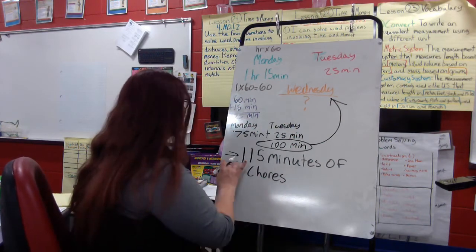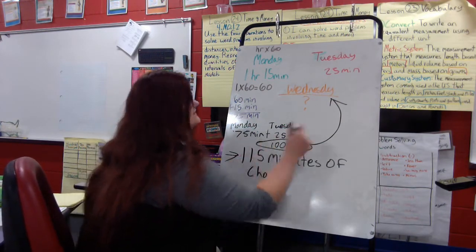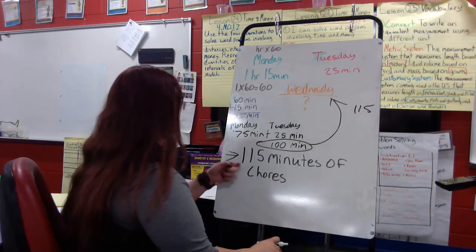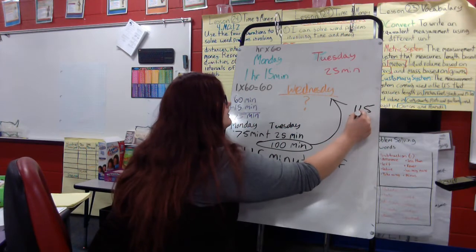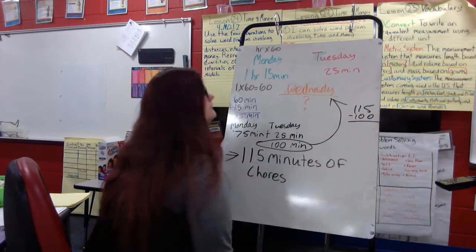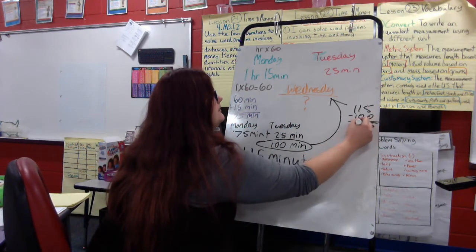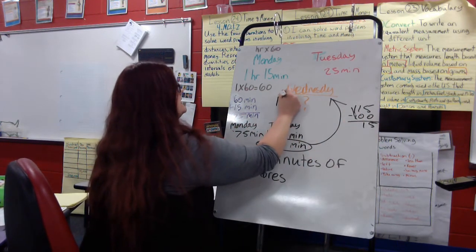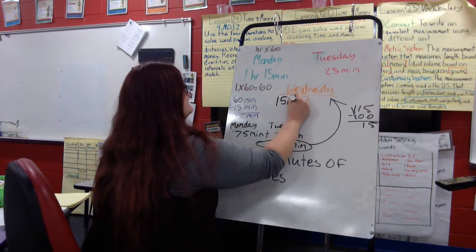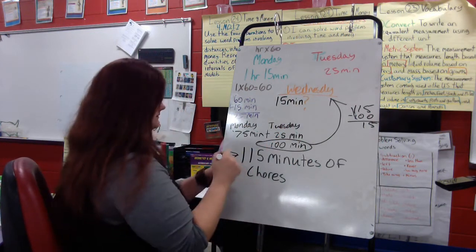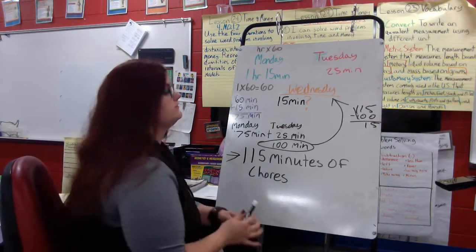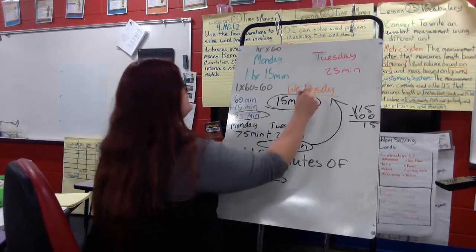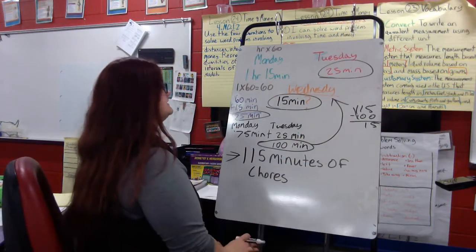All right, so all we need to do is take this total amount of time, 115, and we subtract 100 from it. Bring the 5 down, bring the 1 down, these cross out. So on Wednesday, she did 15 minutes. And we can always go back through and check by adding our 15, 75, and 25 together.